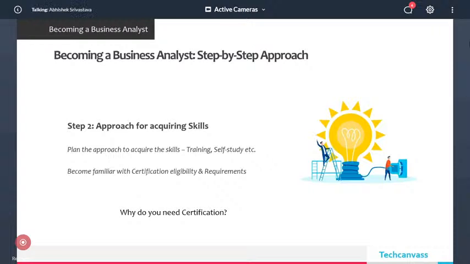Why are certifications important and what is their role? First thing is that suppose there is an advertisement for a business analyst role in an organization. Multiple people apply for the same job. Now, employers receive the resumes of, let's say, 20 people for one post. I can tell you because I have been on the other side. There have been hundreds of cases where CVs don't reflect the skills of a candidate.